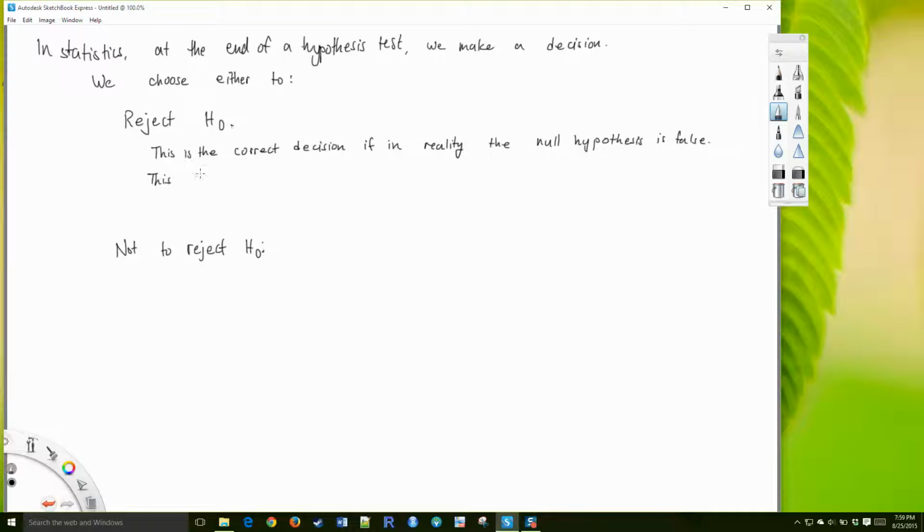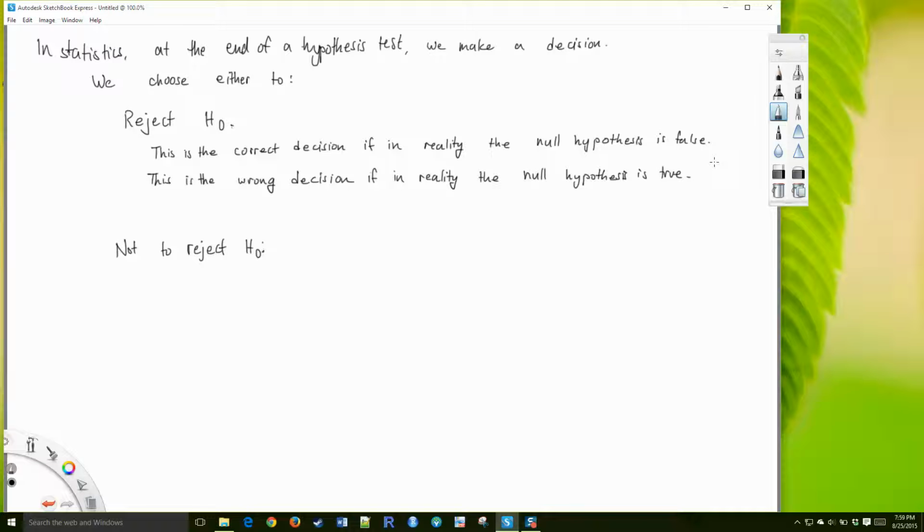This is the wrong decision if in reality the null hypothesis is true. Okay. Just want to make sure that this makes sense to everybody, right?